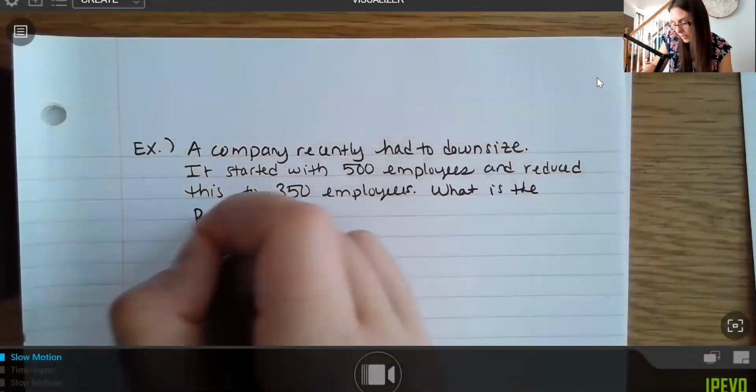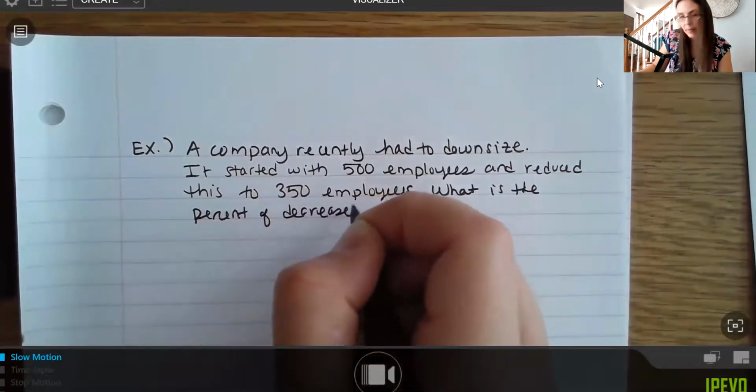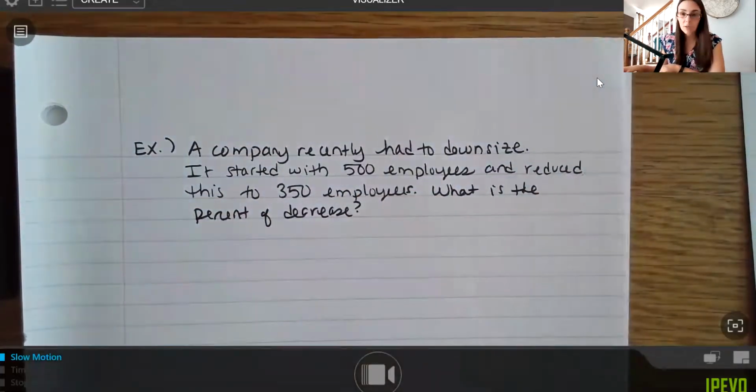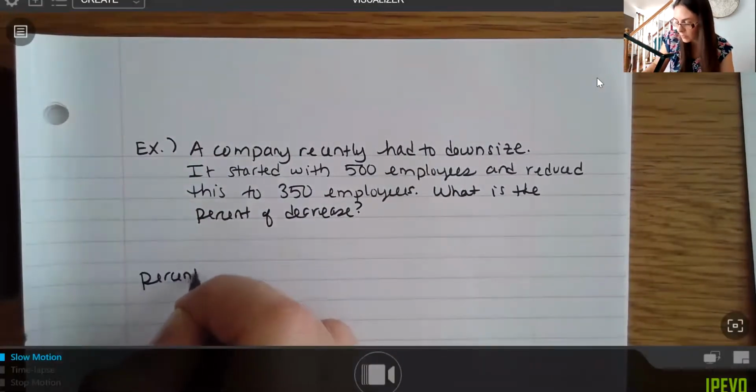What is the percent of decrease? And again, you can go back to the original formula if you want to, or we have those other formulas that just kind of save us a little bit of solving.